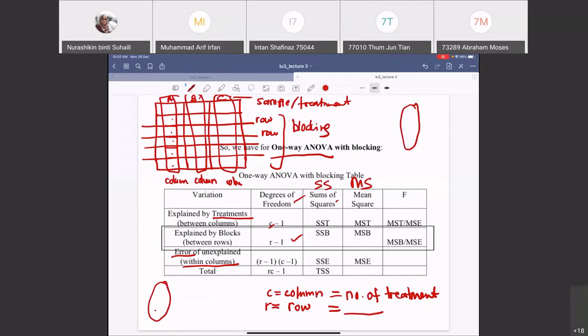Let's say each of the samples, we are talking about every sample. So the variation between the replicates is the error. That's why it's called error.